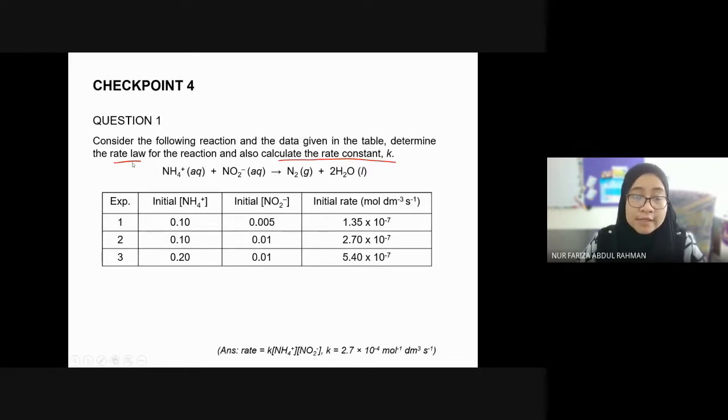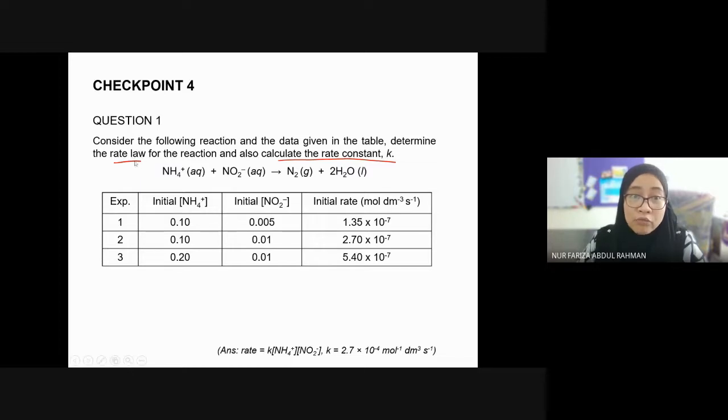Before you could write the rate law of the reaction, you have to know the order of the reaction, the order with respect to each reactant. Okay, then only you can write the rate law. I'm not talking about the general rate law. The general rate law means you have unknowns.